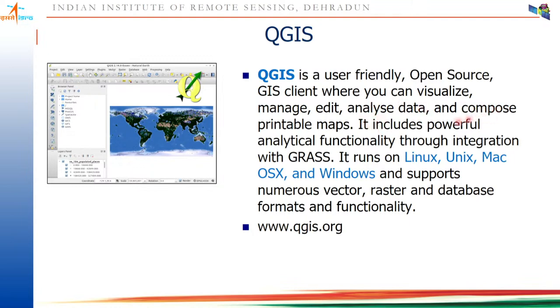And finally, compose beautiful printable maps. I will show you an example of some maps that we have published in high quality journal publications made on QGIS. So you can make these maps on the QGIS software and publish it in any kind of journal.